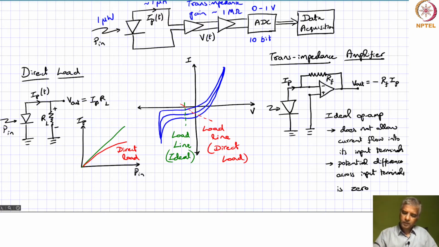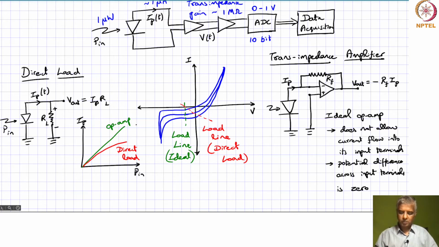So effectively, the load line for a transimpedance amplifier is going to be closer to this ideal condition. An op amp would essentially behave like this in terms of the current that's extracted for the amount of power incident on the photodiode.